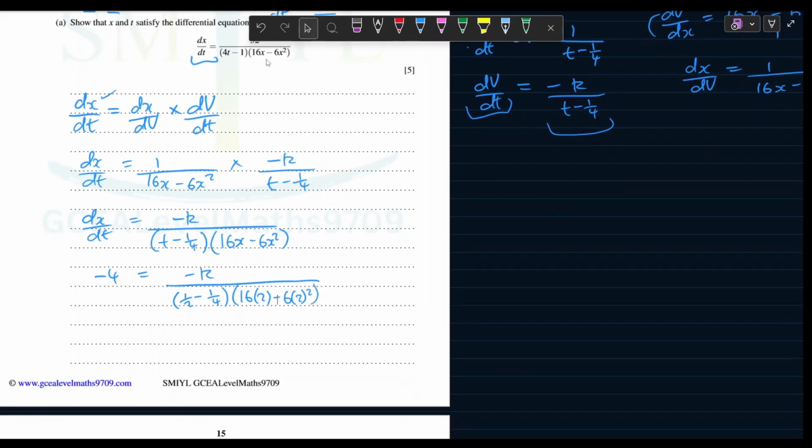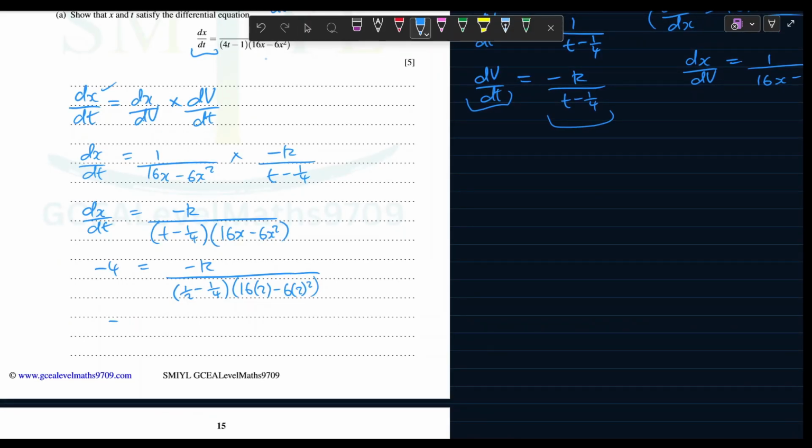Okay, so we've got negative 4 is equal to negative k. Let me punch the denominator into the calculator. So that's half minus a quarter times 16 times 2 minus 6 times 2 squared, and this gives us, we're dividing by 2 here.